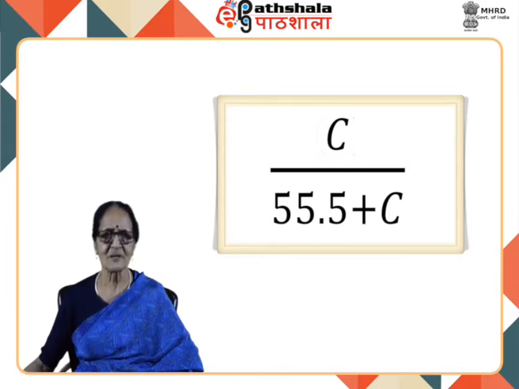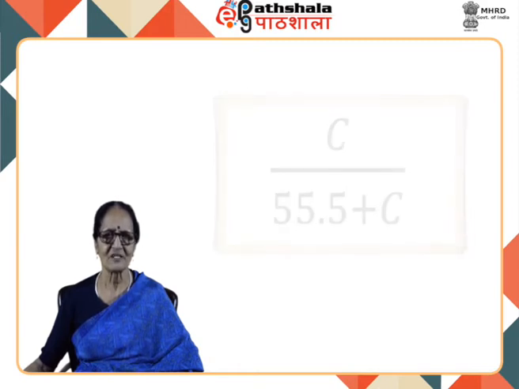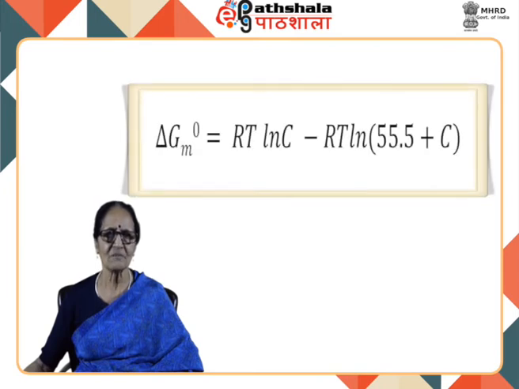Hence, substituting the value in equation 5, we get equation 7, that is delta G0m equal to RT ln C minus RT ln in brackets 55.5 plus C. This is equation 7. This expression gives the standard free energy change in mole fraction scale. Delta G0 should be calculated using the CMC expressed as a mole fraction as shown by equation 7.